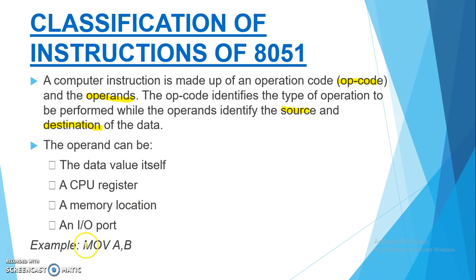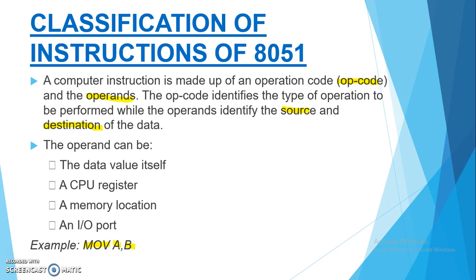Here I have written an example. When you say MOV A, B, MOV is the type of operation you want to do. You want to transfer the data from the B register to the A register. So here the B register behaves as the source and the A register behaves as the destination.